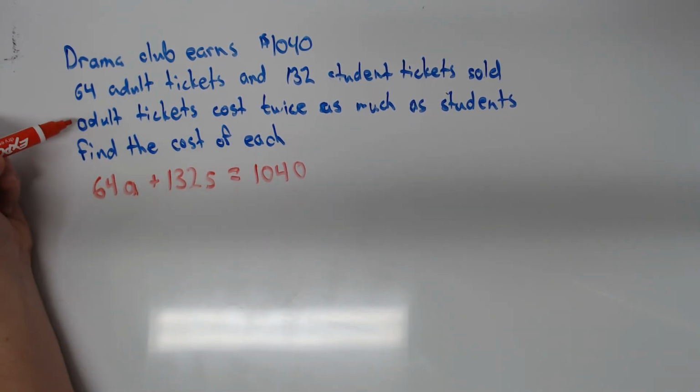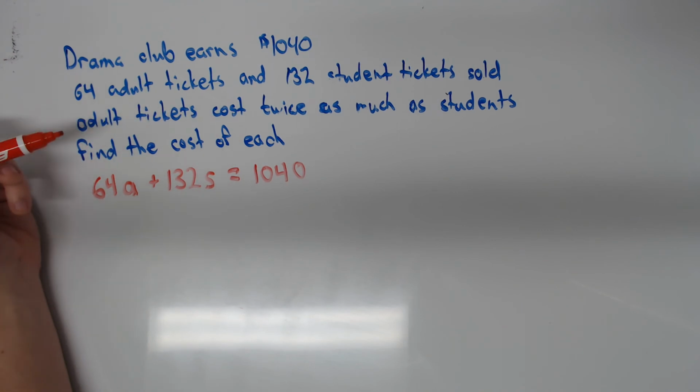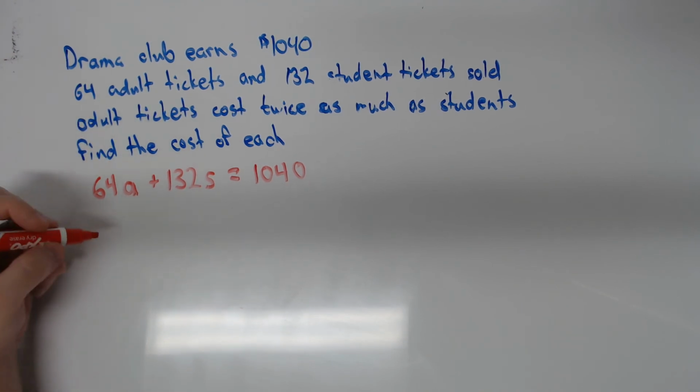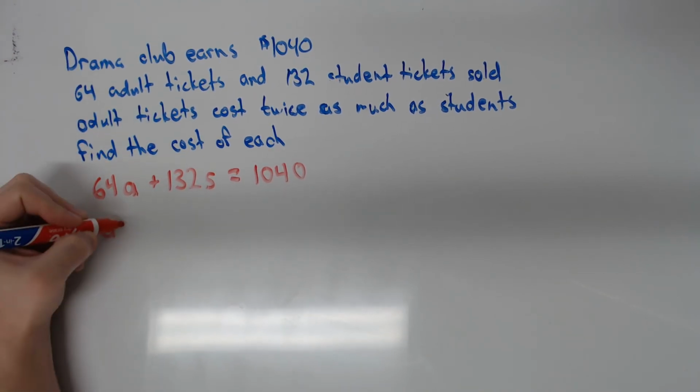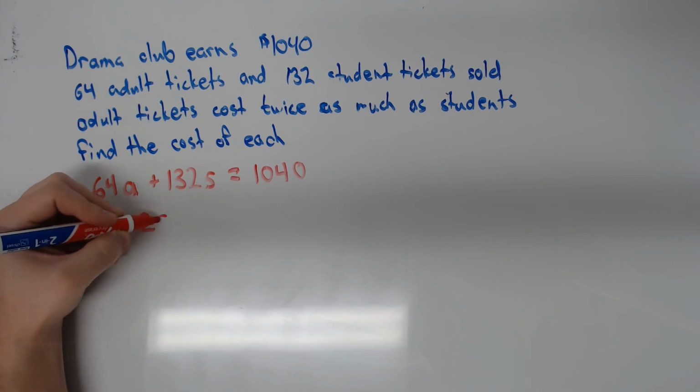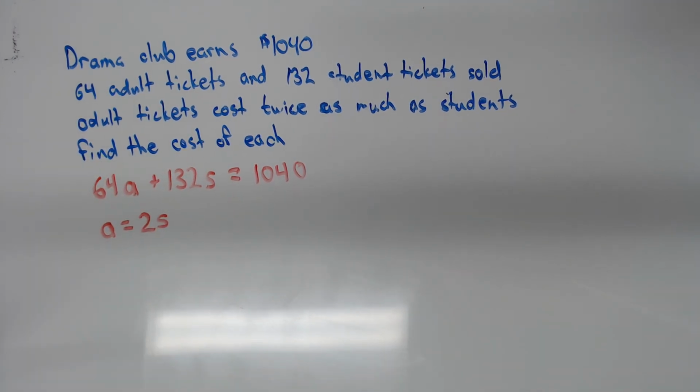All right, adult tickets cost twice as much as student tickets. An adult ticket equals twice the cost of a student ticket. All right, so we have two unique pieces of information.